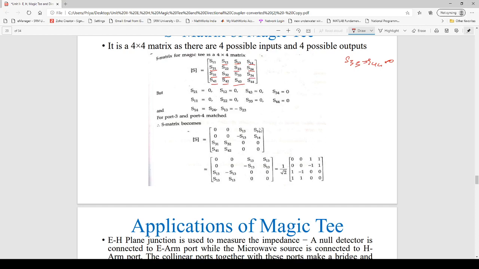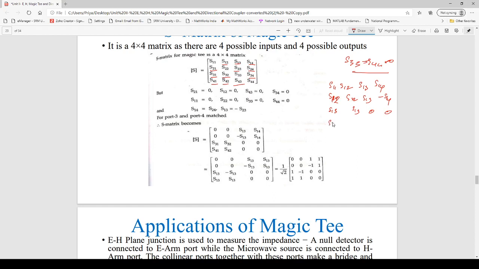I substitute all those things, and finally I get a matrix like: S11, S12, S13, S14; S21, that is S12, S22, S13, and here S24, which is your E-plane property, so I write minus S14; S13, S13. Here I said S33 is equal to S44, so this is 0 and this is 0.